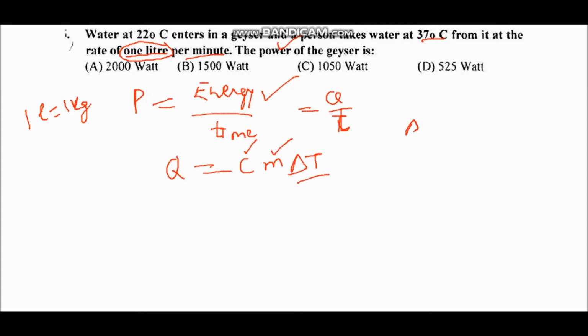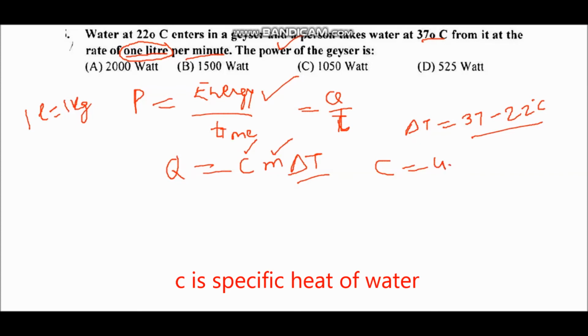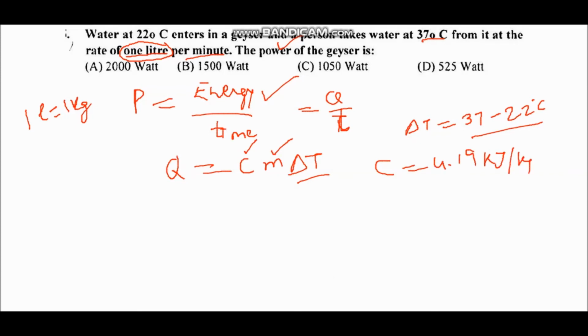So delta T here is equal to 37 degrees minus 22 degrees. For water, C is 4.19 kilojoule per kilogram per degree Celsius. So delta T comes out to 15 degrees Celsius, and now we will substitute the values in this equation.